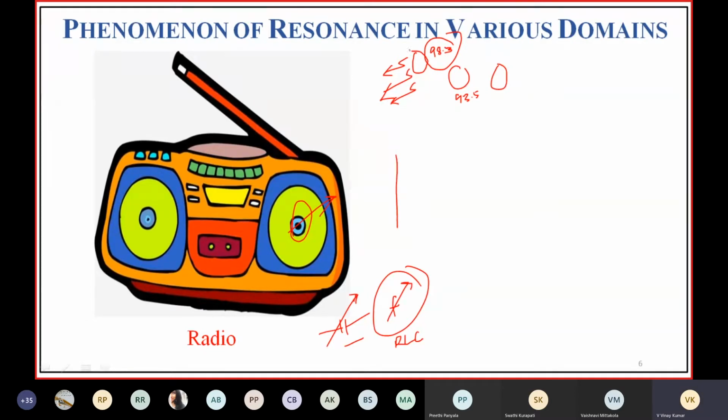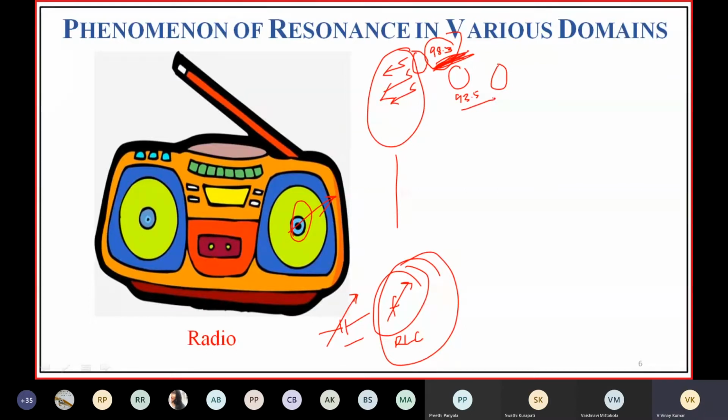If the frequency of electromagnetic waves matches the frequency of the RLC circuit, then resonance occurs. Resonance occurs means you can tune into a particular station. If both are matching, then you can tune into this particular station.